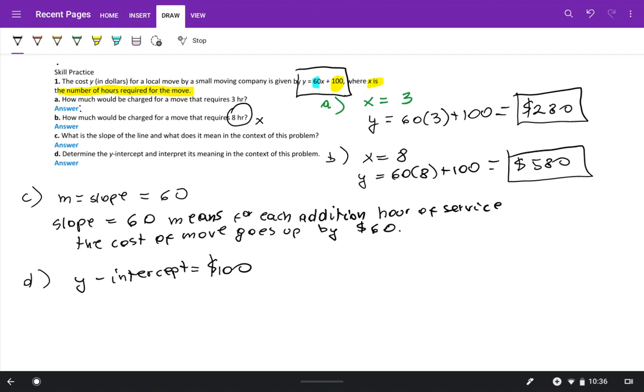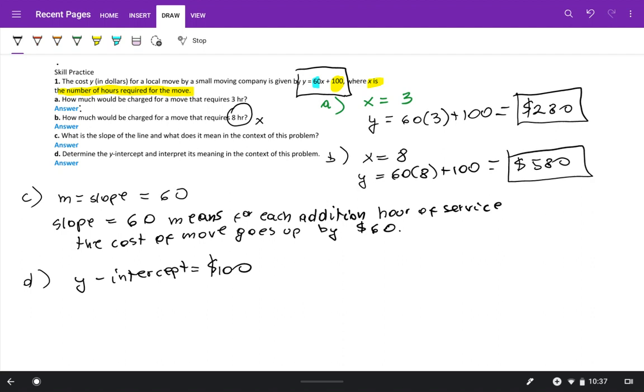It's like a one-time fee, probably the driving cost, a fee which they charge just for showing up. That 100 dollars is not how much they charge per hour for service. This is just a fee.